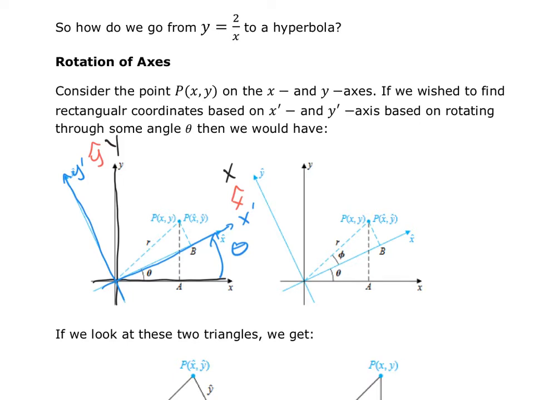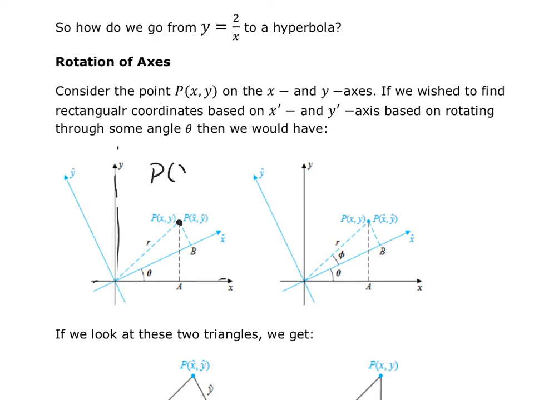All right. So the other part of this information is, let me just erase this. If we have some point on the original graph right here, this point on the original graph is the point P, which is x comma y.